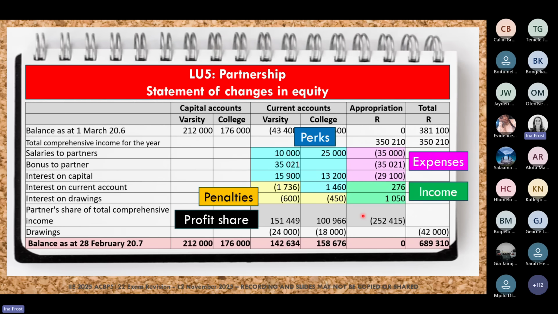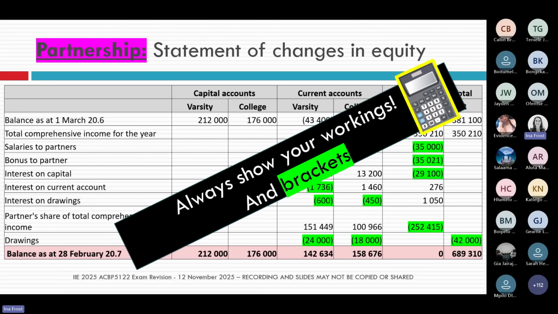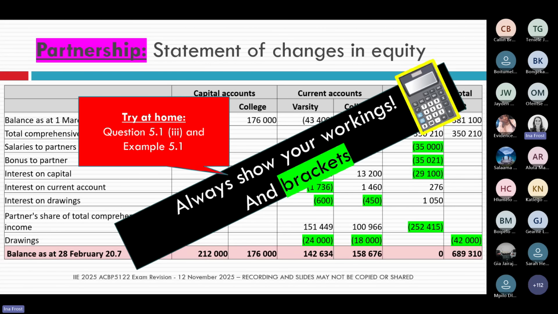So please go and have a look at particularly question 5.1 and example 5.1. Those are the only two questions in the textbook where they do the statement of changes in equity. So please make sure that you include that in your revision. And of course, as always, you're going to show us workings and you're going to make sure you are showing us brackets.